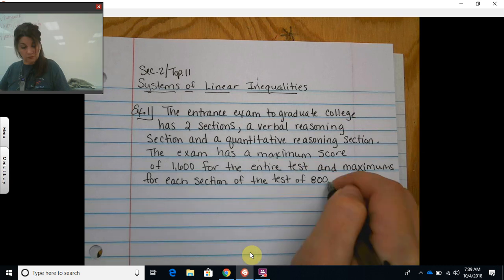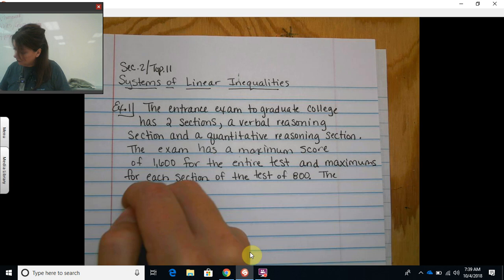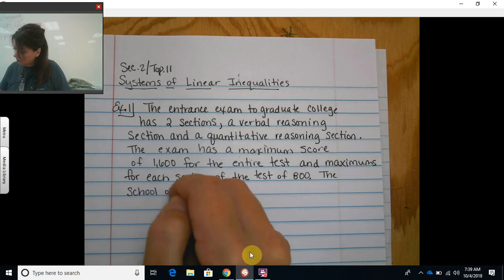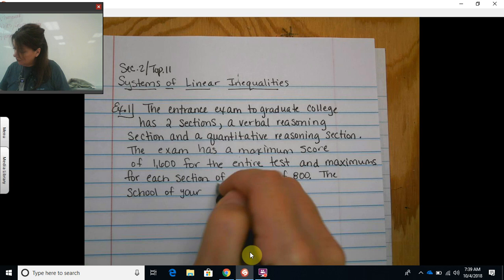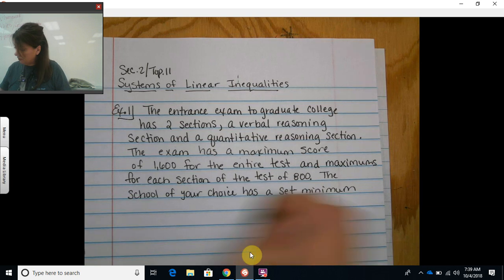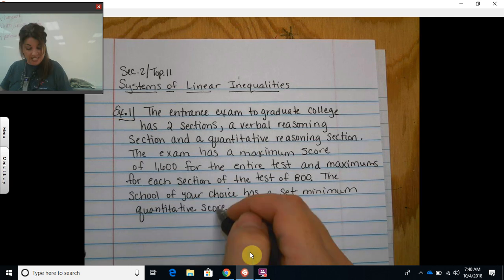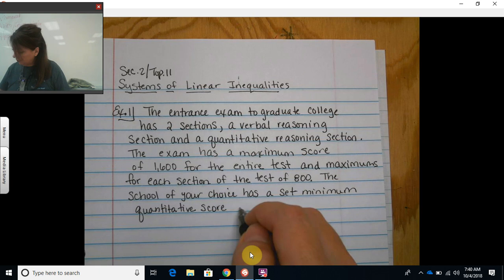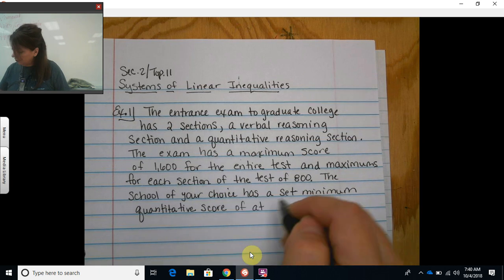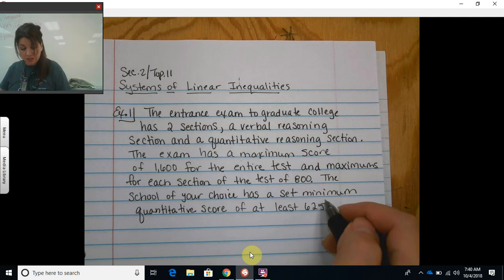The school of your choice has a set minimum quantitative score of at least 625, and a total minimum score of 1,250.